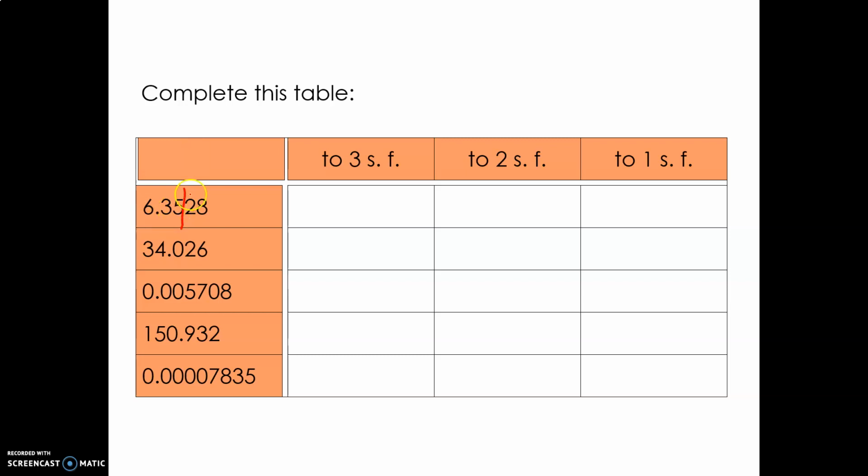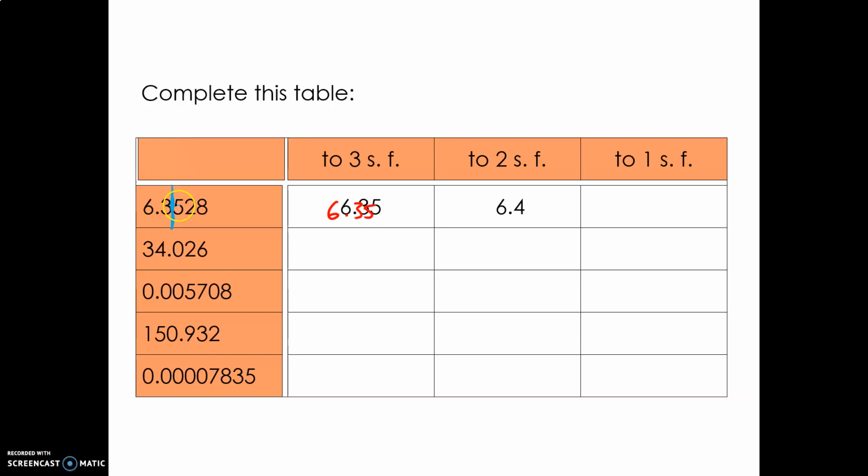For 3 significant figures, you can see that the 2 means that we don't chop anything off, so that would be 6.35. For the second part, after 2 significant figures, we can put a line after the 3.